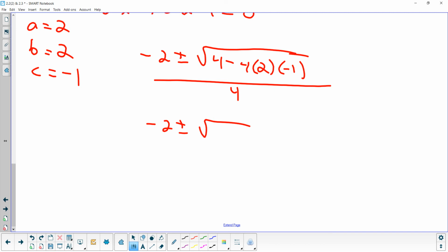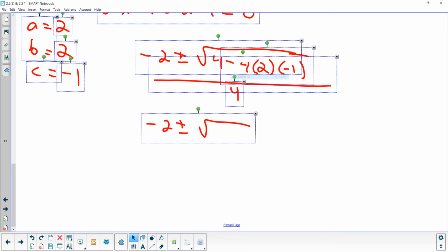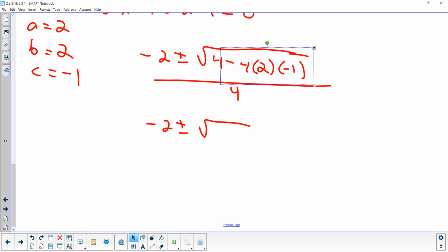When I multiply that out under the root, I'm going to have 4 minus, and I'm going to end up with minus a minus. So what I'm going to do right now is just change it to a plus. And what do we get under the root? Sarah? Yeah, we're going to get 12. So -2 plus or minus the square root of 12 over 4.